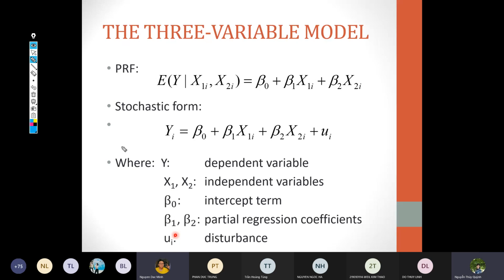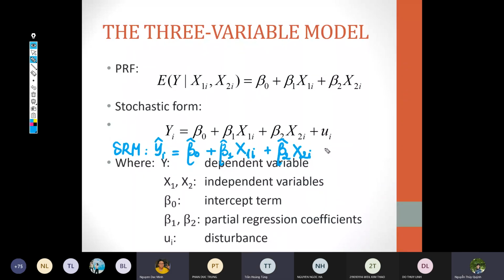This is yi hat equal beta 0 hat plus beta 1 hat times x1i, plus beta 2 hat times x2i.